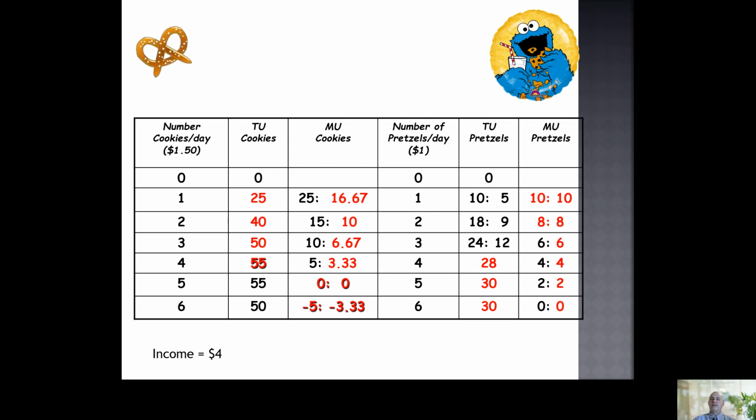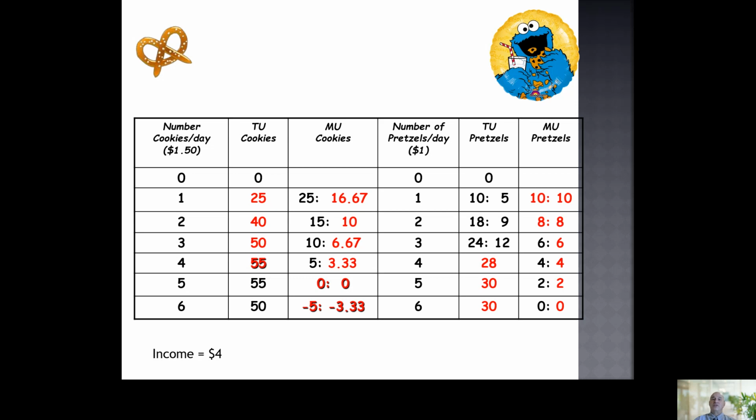So look in a little bit more detail at this example. I go to the store and I have cookies and pretzels. I like both of them. I really do. I go to the store and I say my first cookie gives me 16.67 units of satisfaction for every dollar, but my first pretzel only gives me 10.